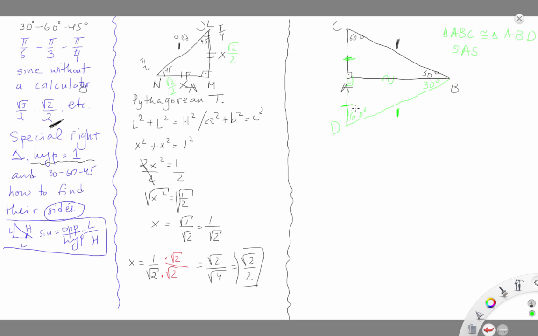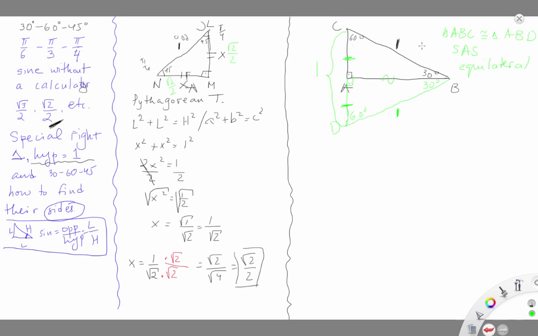This is 60, this is 60, and this angle here is also 60. When we have three angles equal to 60 in a triangle, this triangle is equilateral. Equilateral means that its sides are all equal. Therefore, this side over here is also equal to 1.